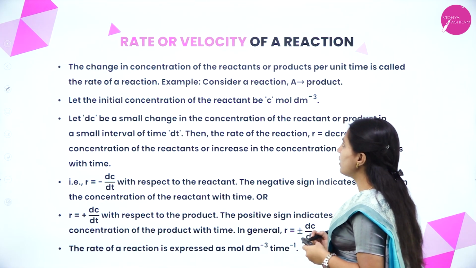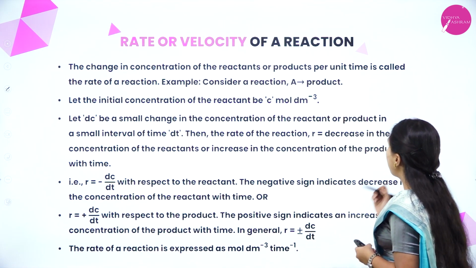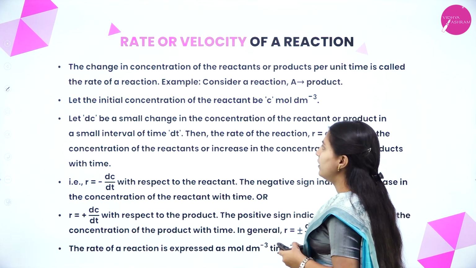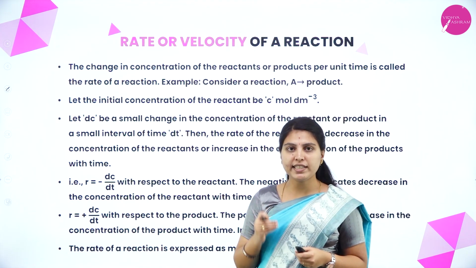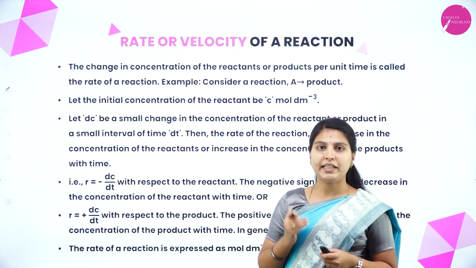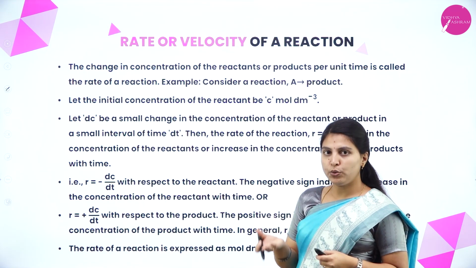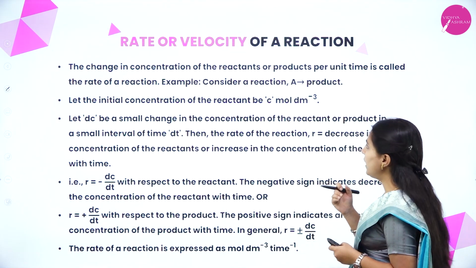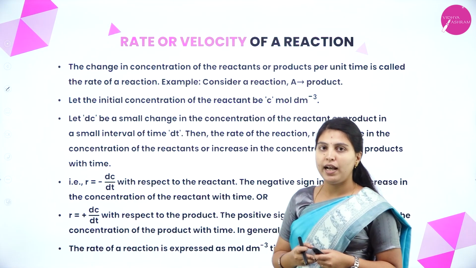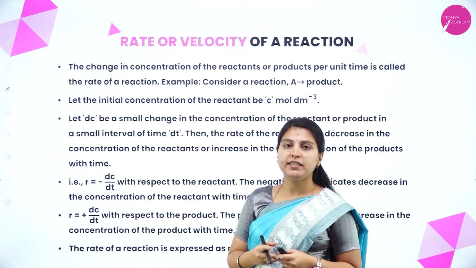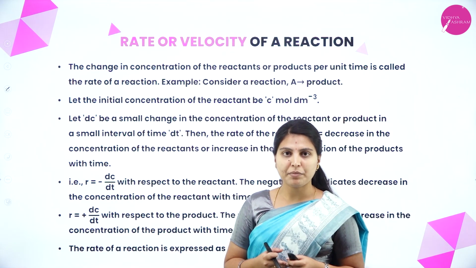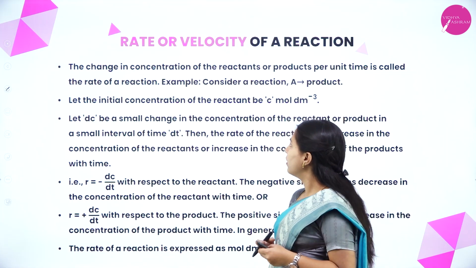The change in concentration of the reactants or products per unit time is called the rate of reaction. If any change is going to happen in a reactant or a product per unit time, it will be considered the rate of a reaction. As I told earlier, rate means nothing but time in chemistry terms.